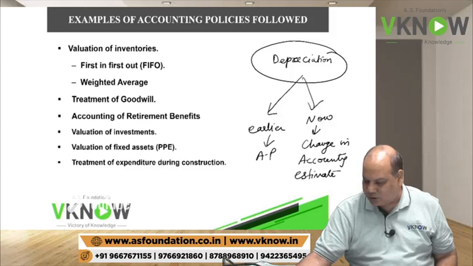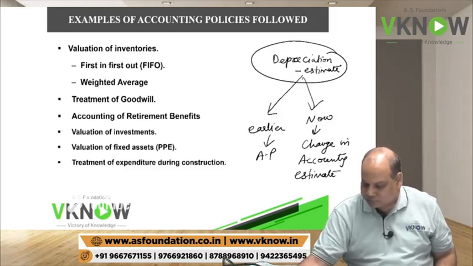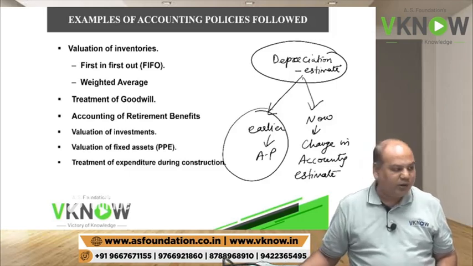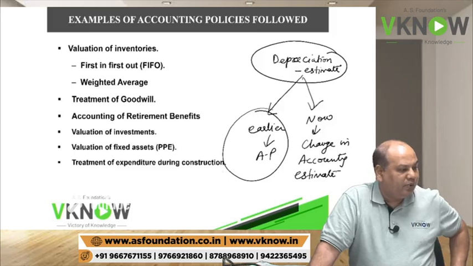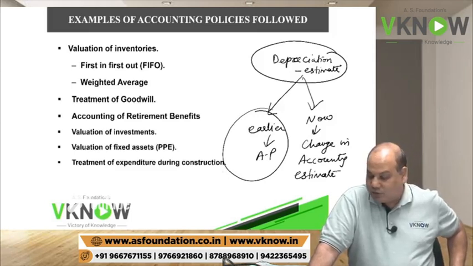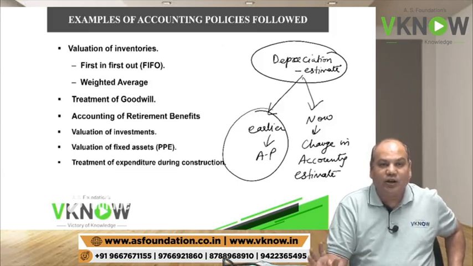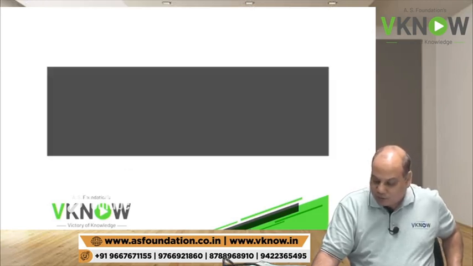It is an estimate now. After the amendment was made in AS 10, depreciation is now treated as an estimate, and any change in method, rate, useful life, salvage value will be called a change in estimate, right?